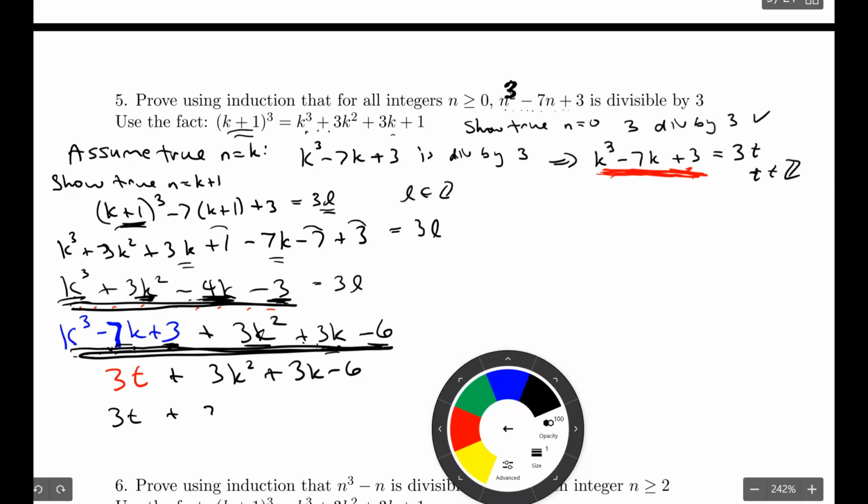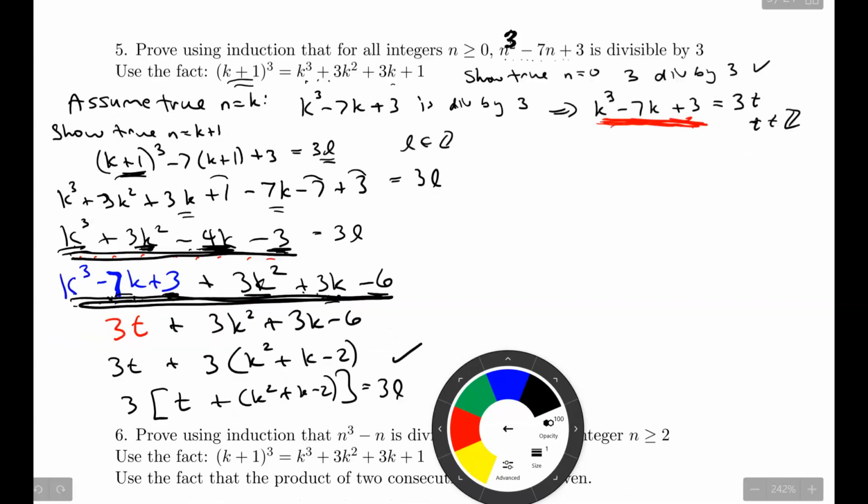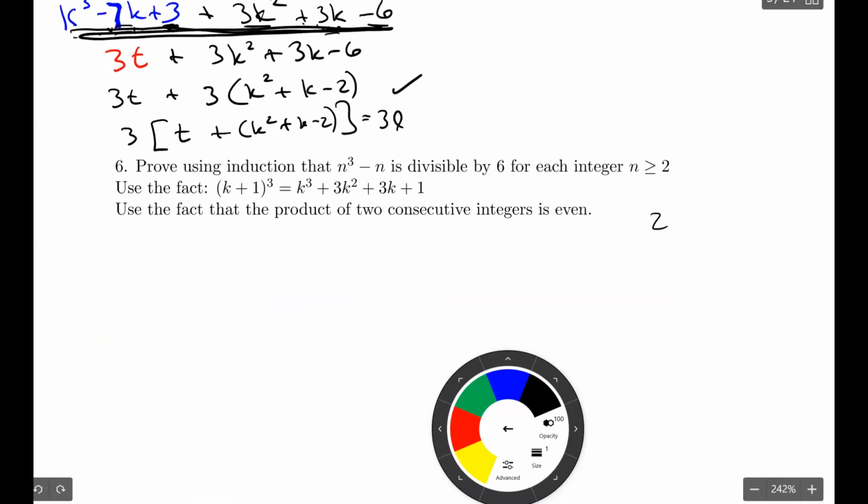So 3t plus, if I factor, I can, which is amazing, factor a 3 out of here. So I get 3 times t plus k minus 2, equal 3l. Check. That was kind of creative, wasn't it? All right, so I'm going to leave you to do this one on Zoom.